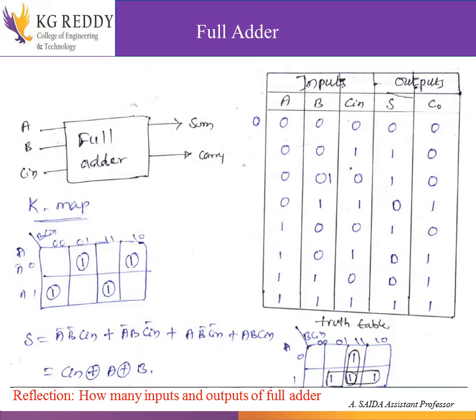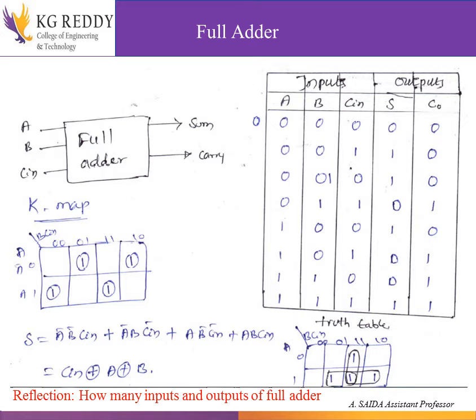The last one is A, B, C. At these 4 points we get the sum output. This expression is also equal to A XOR B XOR C.